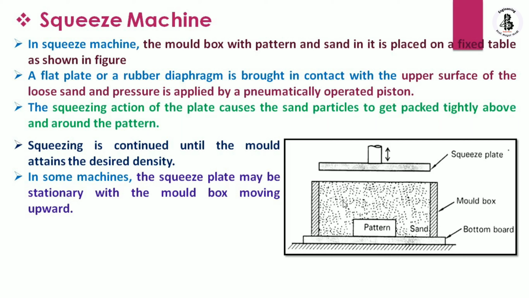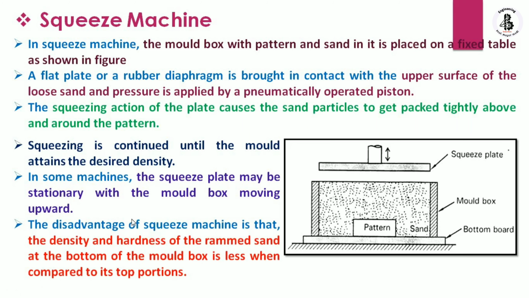But the most feasible arrangement is where the squeeze plate applies pressure onto the mold box. The disadvantage of the squeeze machine is that the density and hardness of the rammed sand at the bottom of the mold box is less compared to its top portion. So the good tight fitting of the sand is only on the upper side, and there are difficulties on the lower side.